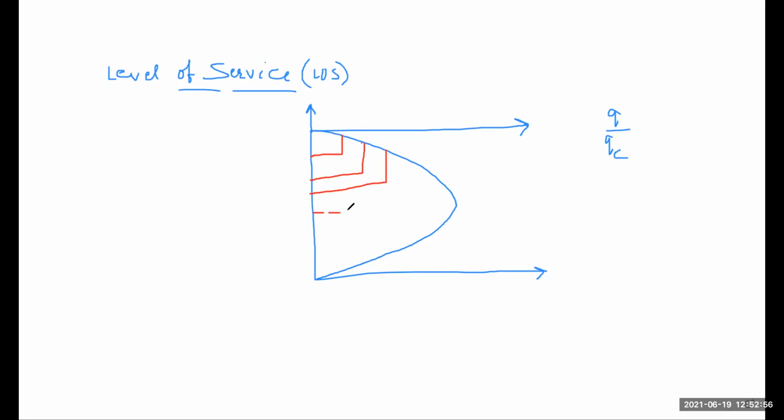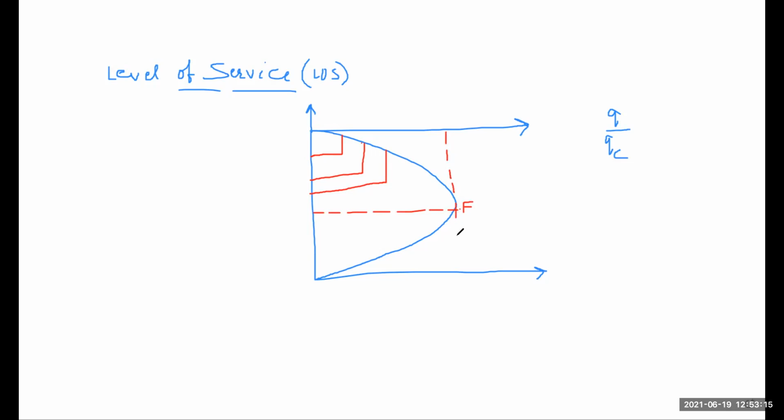Here we fix the F level of service. So basically we have 6 levels of service. This is your F level of service, and here your Q max is equal to 1.